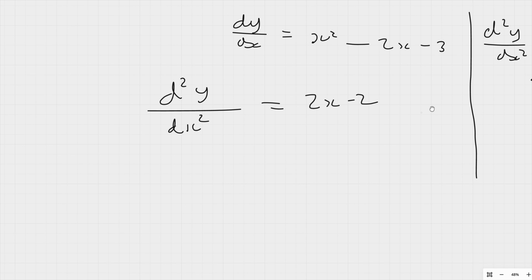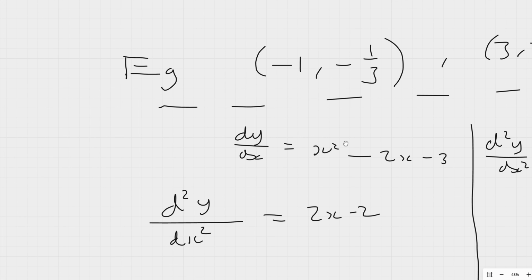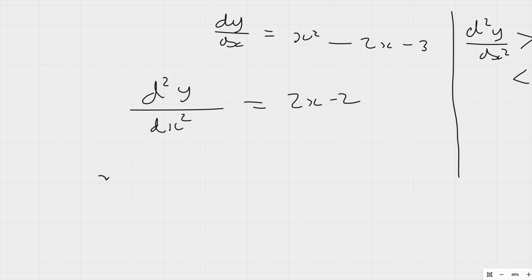Now let's continue with our question. Now all we need to do is take our x values and put them in. So when x equals 3, d squared y over dx squared equals, put in 3, so it's 6 minus 2, which is 4.